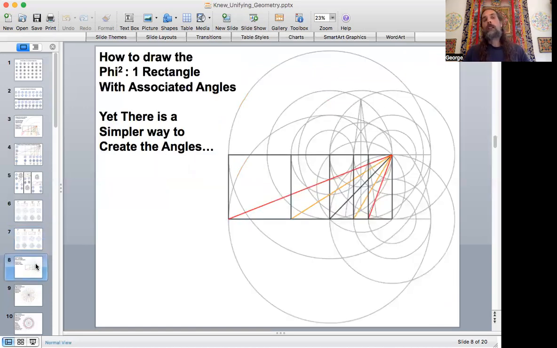To draw that rectangle, the root 5 to 1 rectangle, there's a cool little circle template that I came up with to do that. And that can draw the extended golden ratio rectangle. Probably other ways to do it, but this is the one that I came up with.